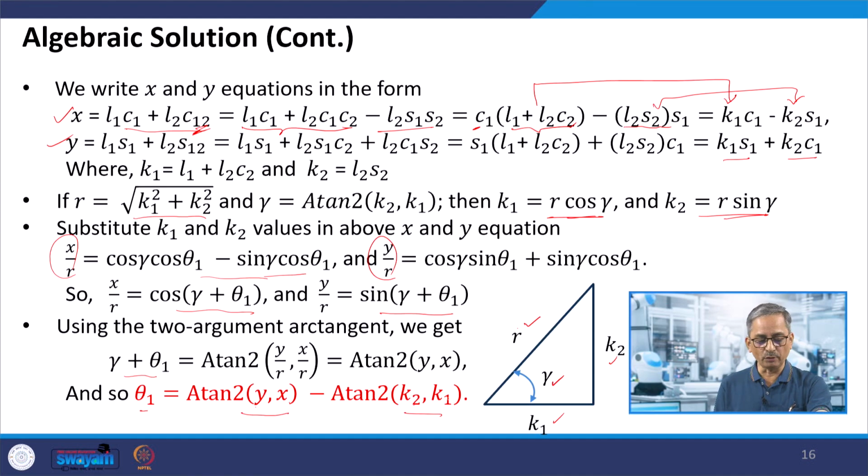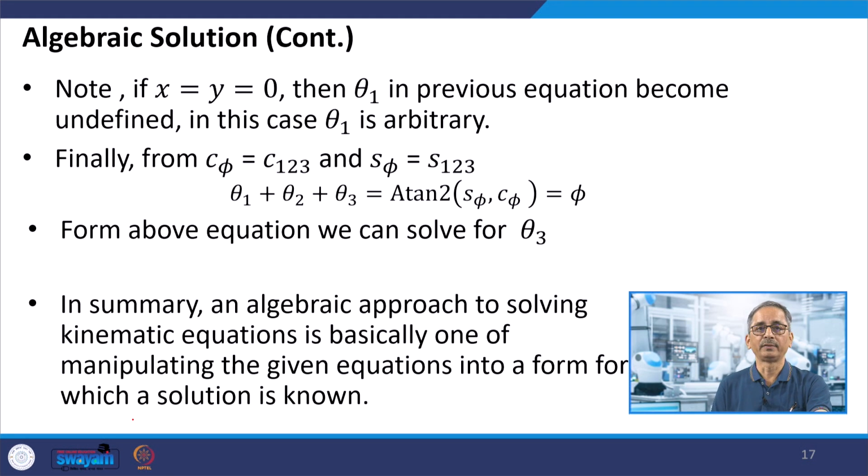Okay, so this way. Now you see y and x I know because I am given the end effector position. Do I know K2 and K1? Yes, I know K2 and K1 also because I have already evaluated theta 2, right. So, I know L2 sin theta 2 and similarly I know L1 plus L2 cos theta 2. So, I know K2 and K1 also. So, this way I get the value of theta 1, and if x and y are equal to 0, the previous equation becomes undefined, and in that case we can take theta 1 arbitrarily.